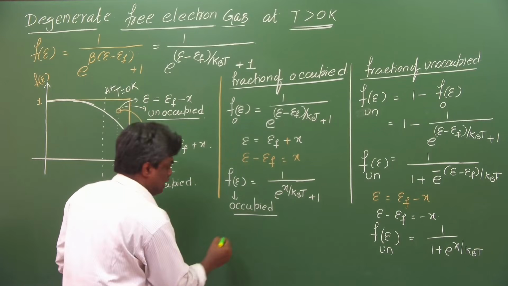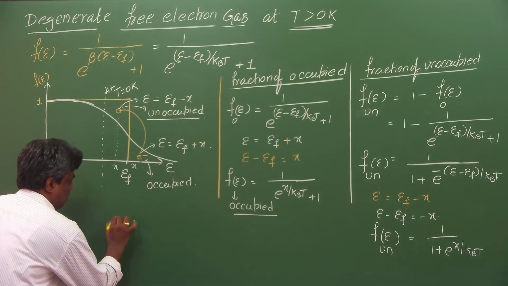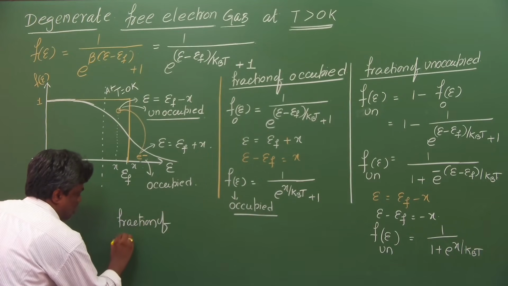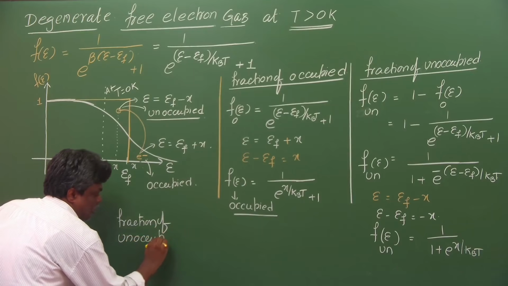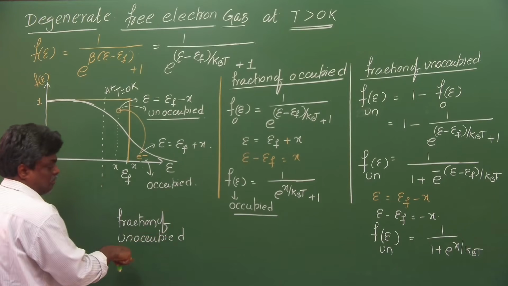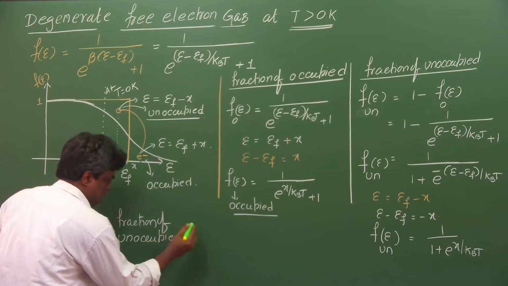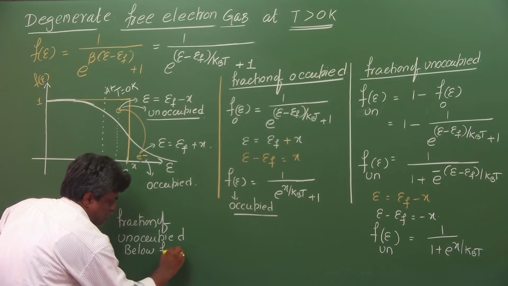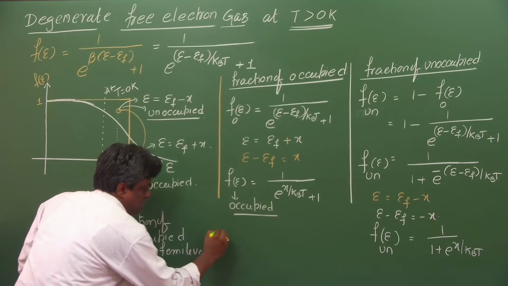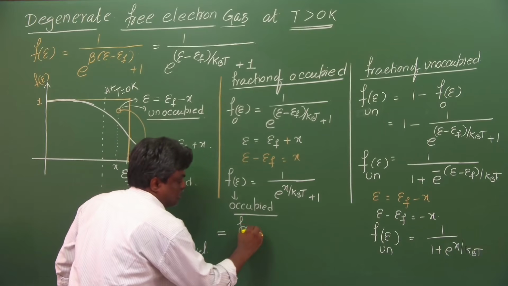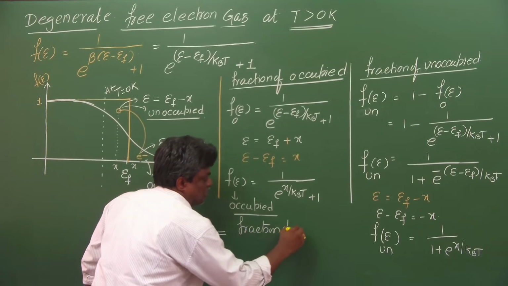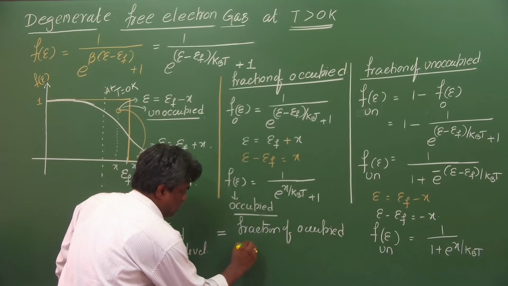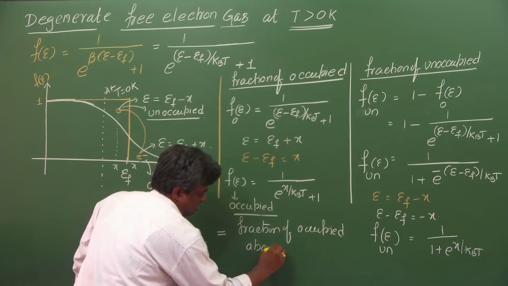So finally here the conclusion is, once again: fraction of unoccupied states below the Fermi level is equal to the fraction of occupied states above the Fermi level.